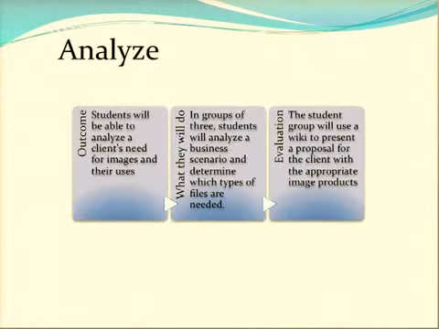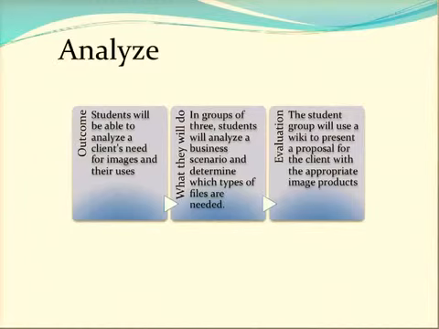As we move up the scale, we end up with outcomes for analyze as the piece that we want the students to do. And students will be able, this is the outcome, students will be able to analyze a client's need for images and their uses. What they will do in order to be able to analyze that is in groups of 3, students will analyze a business scenario and determine which types of files are needed.